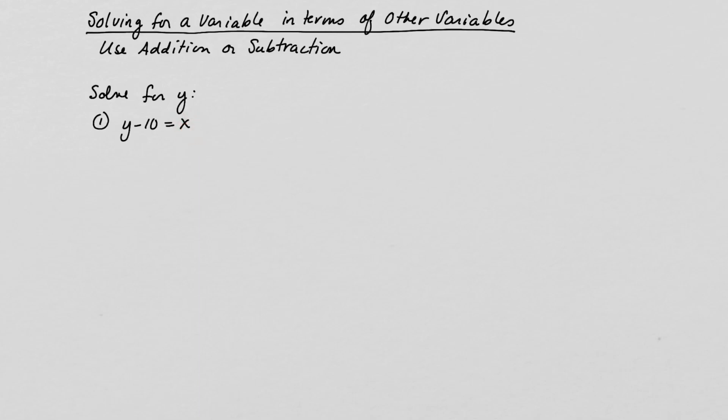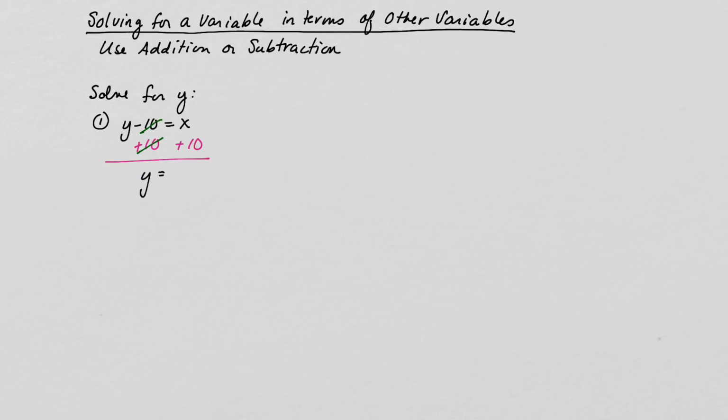So hopefully you would say, oh, I'd add this 10 to both sides. So we're going to do that exact same thing here, even though we happen to have an x and not a number. So I'm going to add 10 to both sides. And when I do that, these are going to cancel out. So on the left-hand side, I'm just going to be left with y.